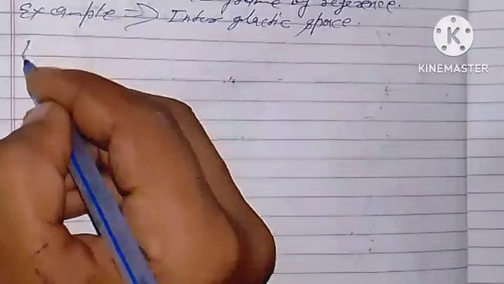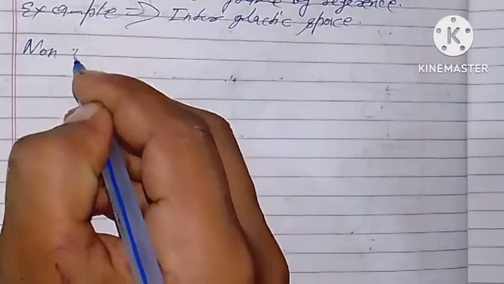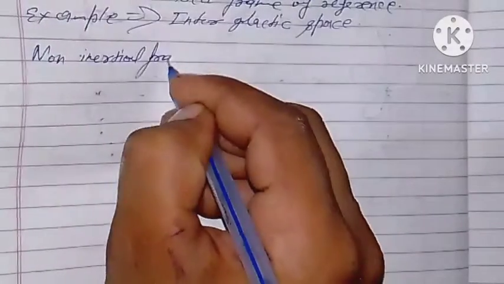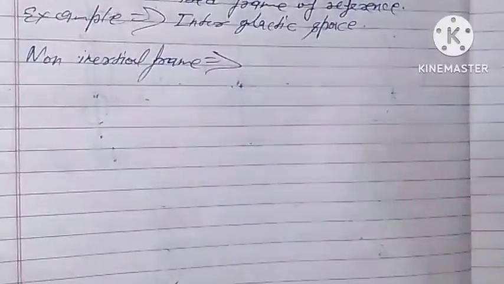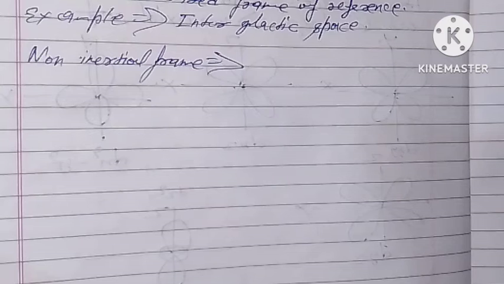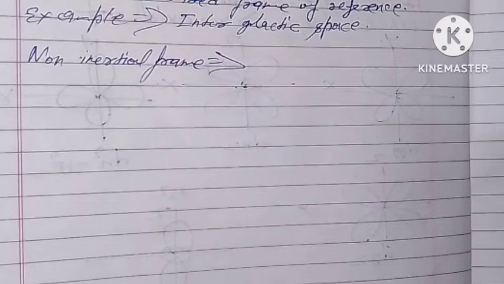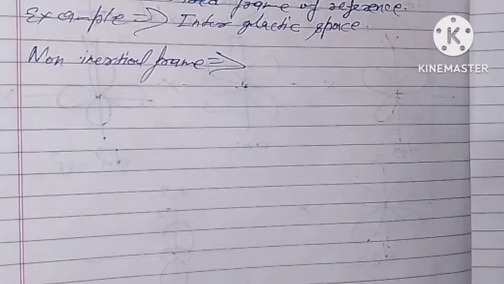Next is the non-inertial frame. The basic laws of physics are not changed in inertial frames of reference, but when a frame of reference is accelerated relative to an inertial frame, the form of basic physical laws, such as Newton's second law of motion, becomes completely different.